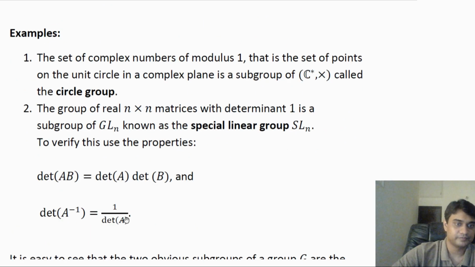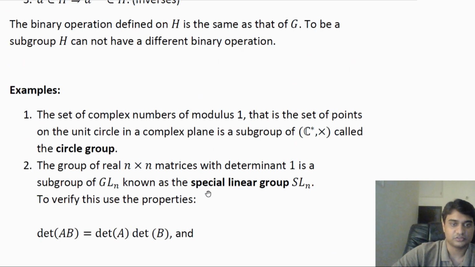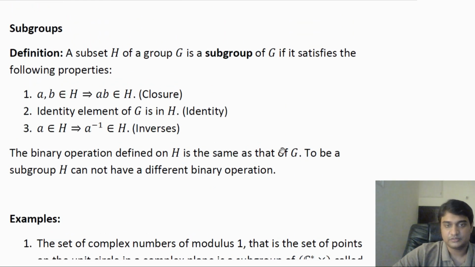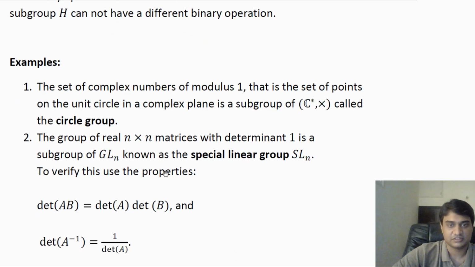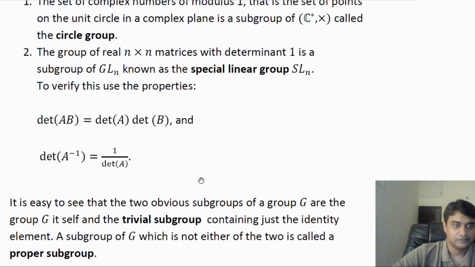Therefore its inverse is also in the special linear group SLn. All these three properties are satisfied. Therefore, we can say it is a subgroup of the group GLn.